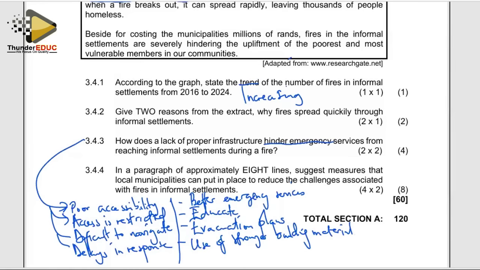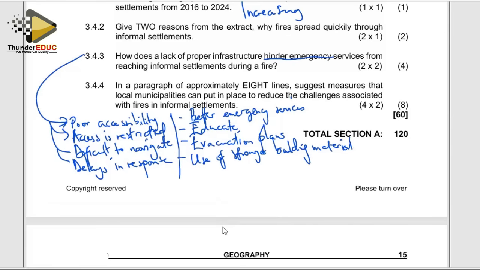In this instance, we are looking at advocating for brick walls instead of zinc and wood walls. And also they must try to promote spacing between houses. It must also be promoted.